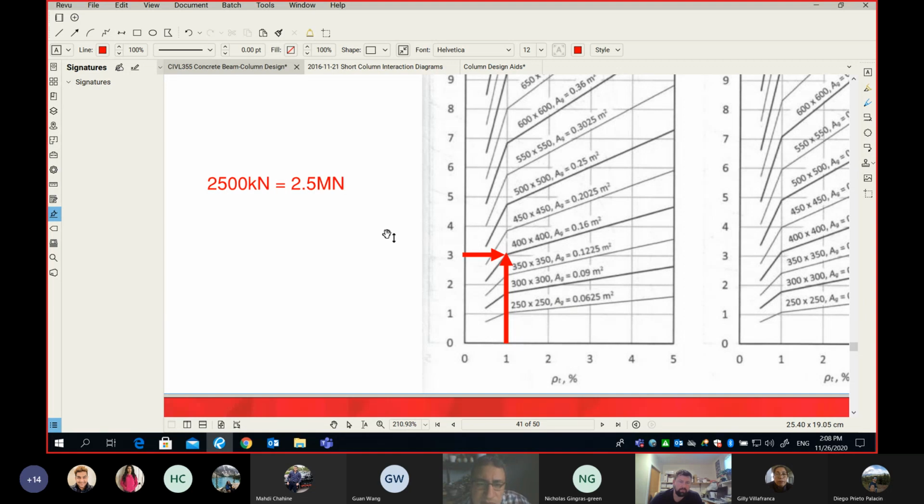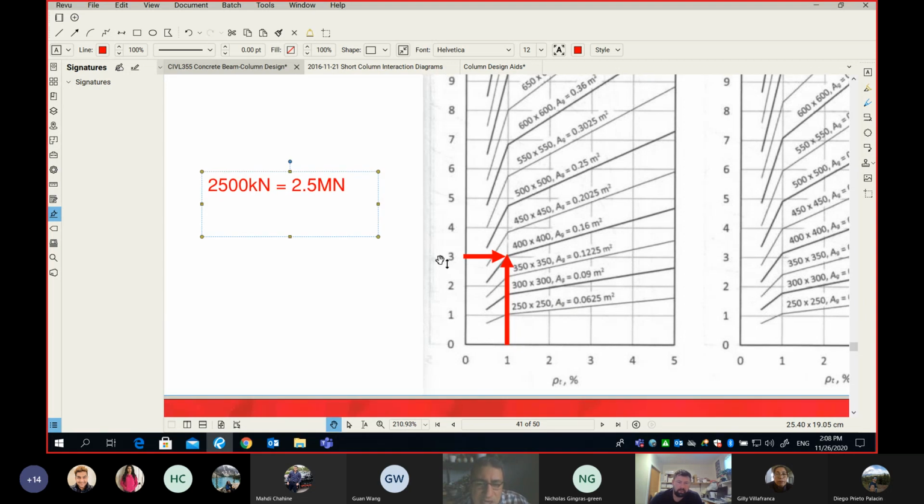So the number must be in mega, but I made a mistake, though I don't think it will make any difference. We're supposed to go on this chart with this arrow here. At 2.5, you go horizontal. And here we have the x-axis row.